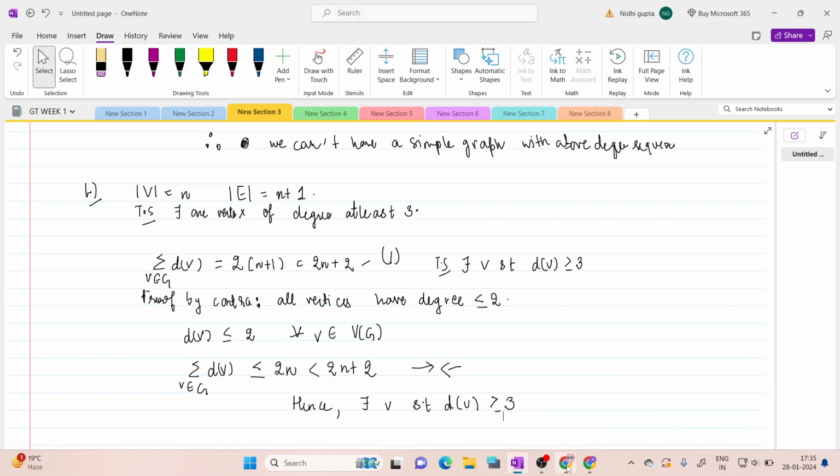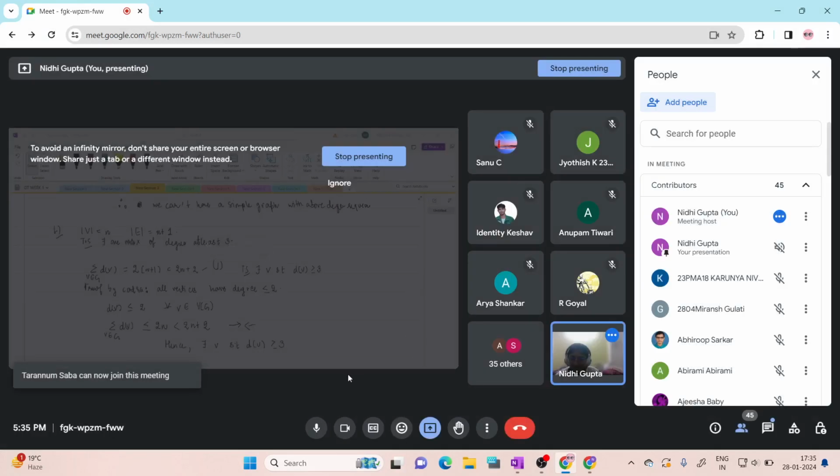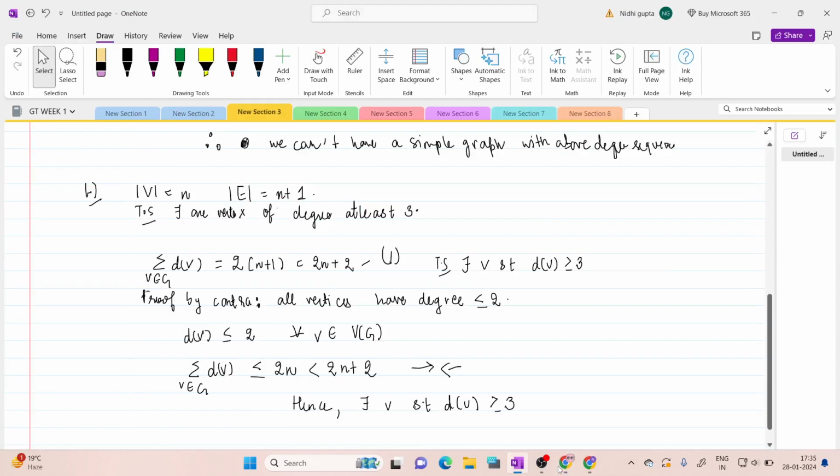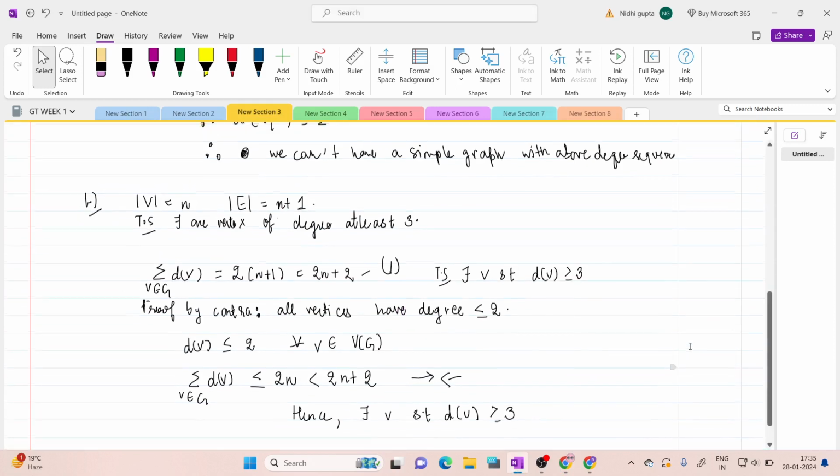So now, did everyone understand the second part of this? Or any doubts? If we take n equal to 1 vertex, then the right-hand side is 2 plus 2, which is 4.